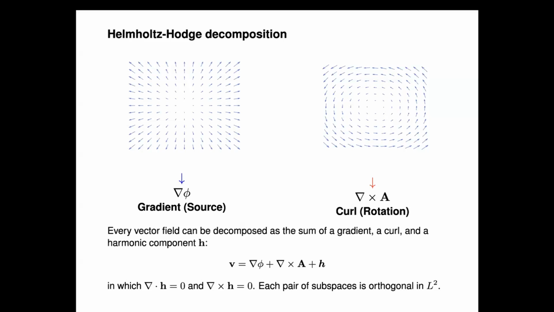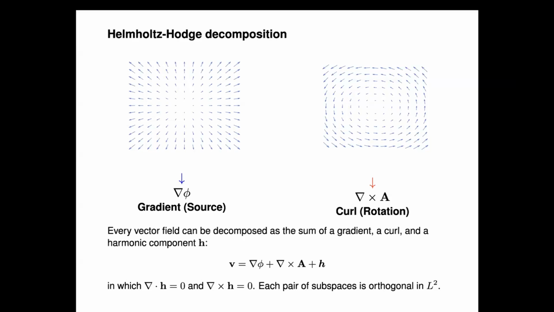So I think a lot of us are familiar with a version of the Hodge decomposition, the Helmholtz-Hodge decomposition. For every velocity field, you can decompose it into a gradient component. So the gradient is some scalar function, and a rotational component that's the curl of some vector potential. And then in general, there's also this extra term, this harmonic component.